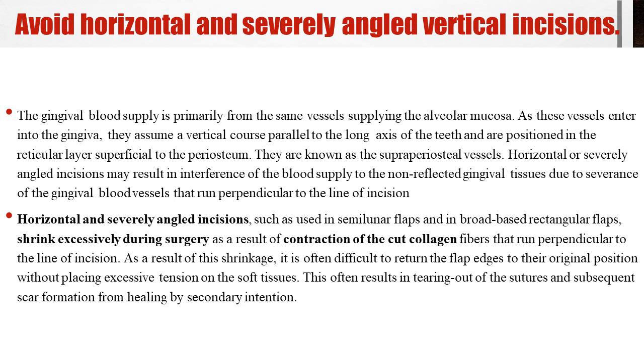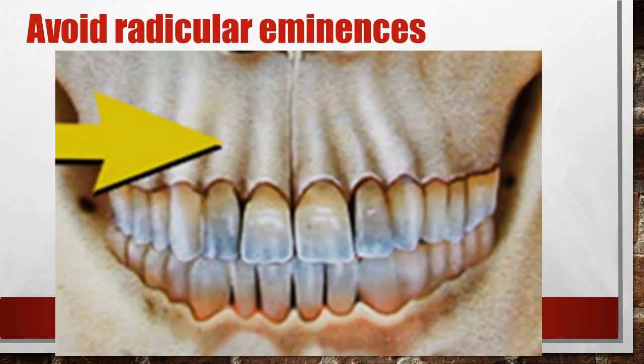If you give a horizontal incision, the collagen fibers, which are aligned parallel to the long axis of the teeth, are going to shrink excessively, and it's going to become difficult to reapproximate the flap to the original position without causing any tear or excessive tension to the soft tissue, because of which you are going to have scar formation.